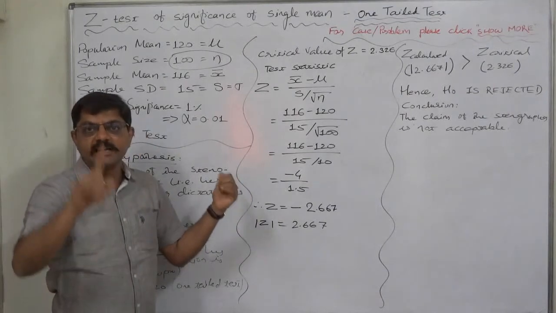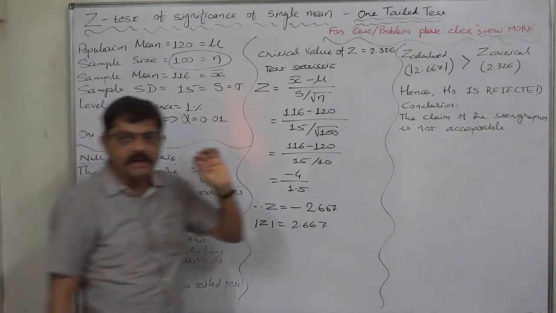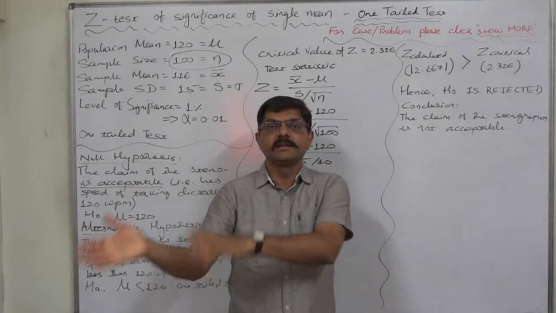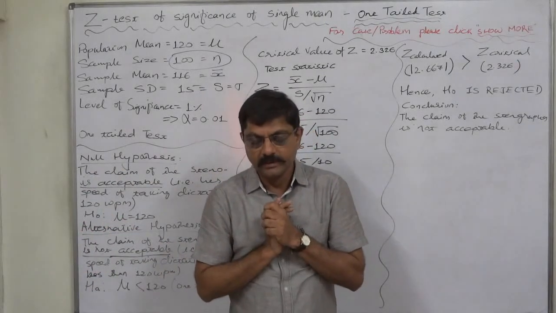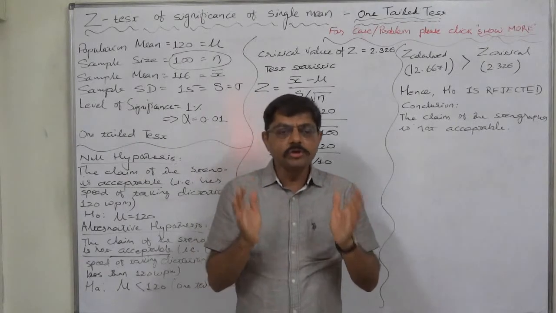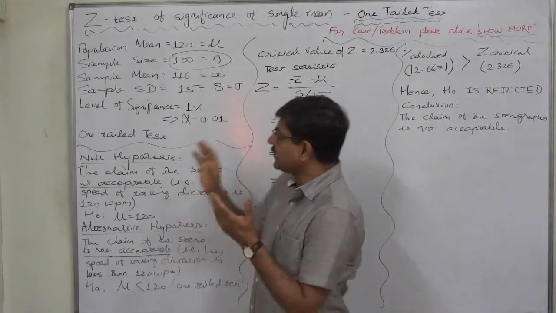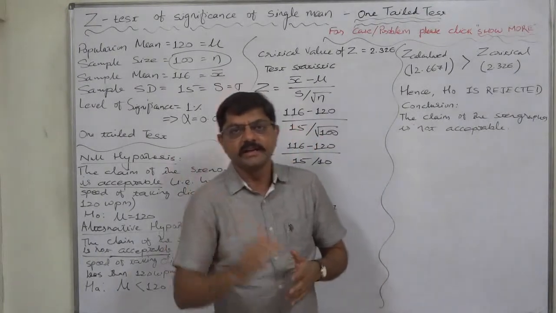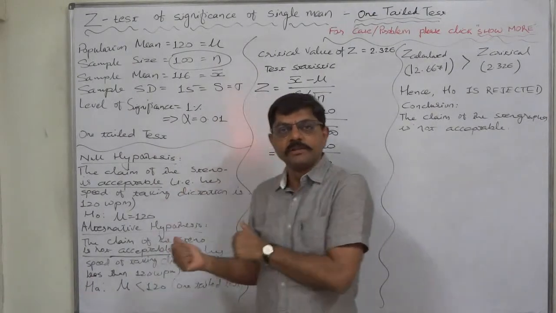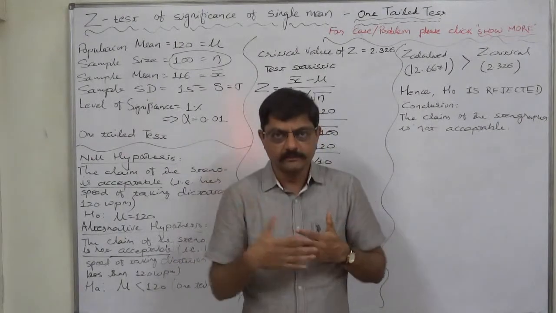But she has proved that at least in these 100 trials, her speed was 116 words per minute, far greater than 100 words per minute. So if we want to ignore the whole exercise of finding a stenographer with exactly 120 words or greater speed, we can go for selection of this particular candidate because she is the best among the available.